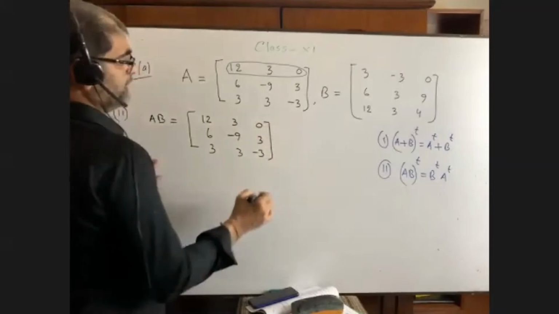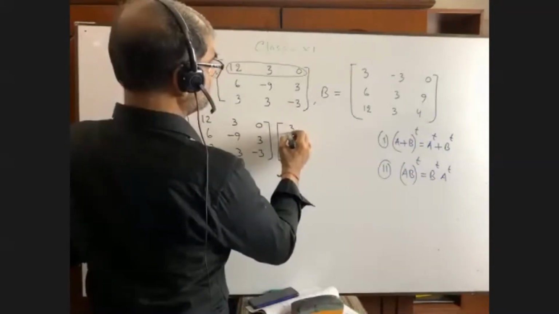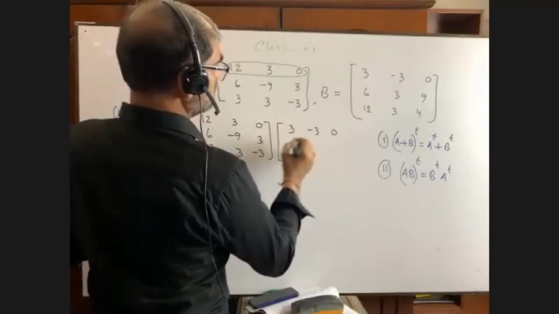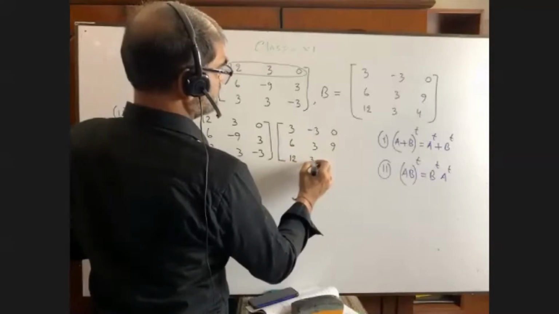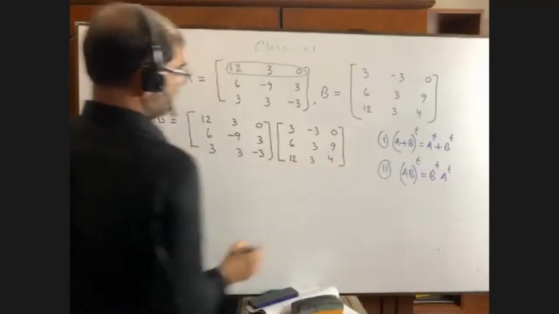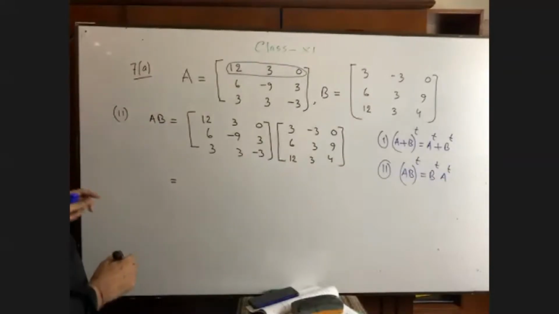And B is 3 minus 3 0, 6 3 9, 12 3 4. Now you are all required to find AB.